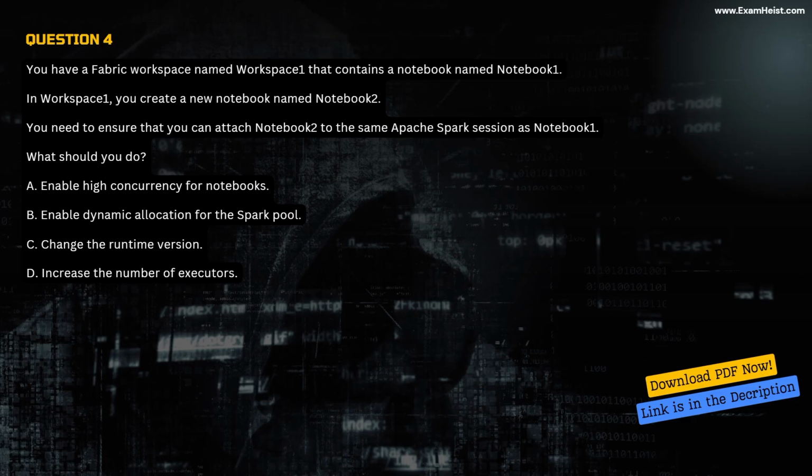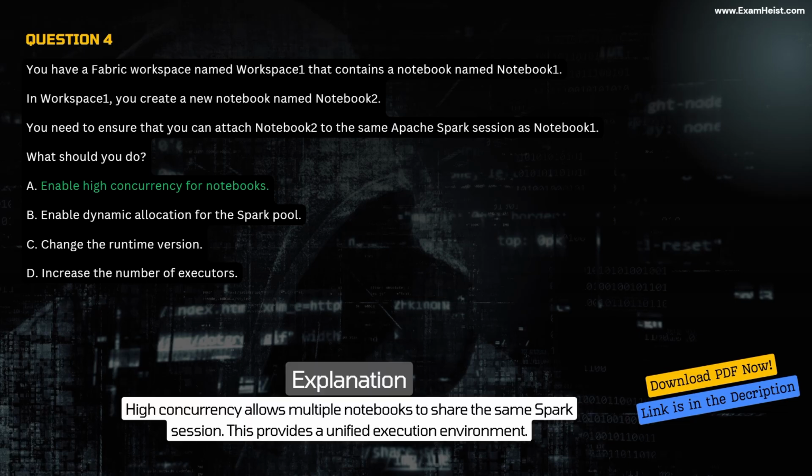B. Enable dynamic allocation for the Spark pool. C. Change the runtime version. D. Increase the number of executors. Correct answer A. Enable high concurrency for notebooks. Explanation. High concurrency allows multiple notebooks to share the same Spark session. This provides a unified execution environment.